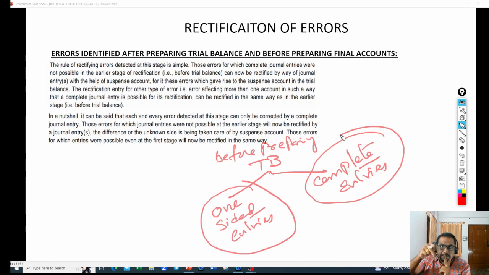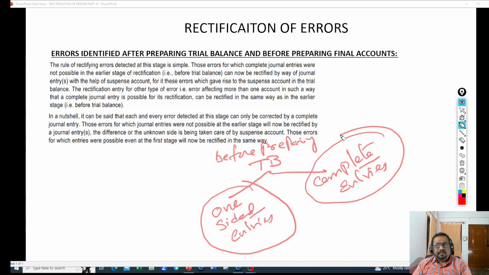Second, those errors are identified before preparing the trial balance. Because of this, one-sided entries are posted.